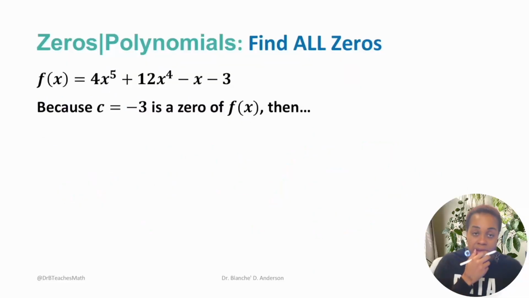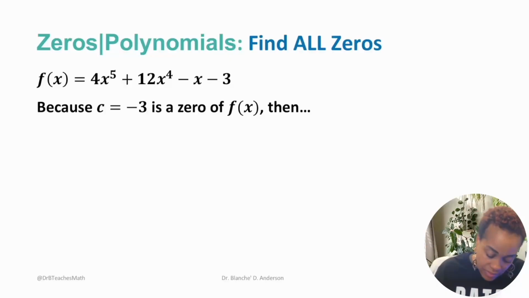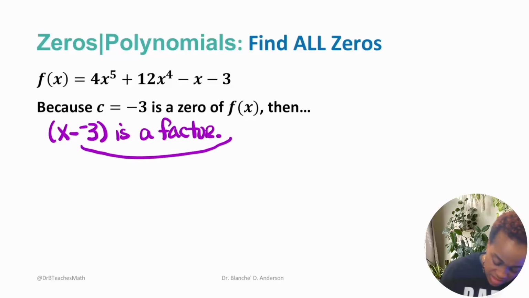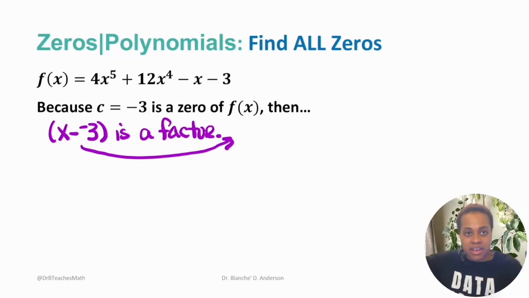So because C equals -3 is a 0, that means that x minus C is a factor. But if I were to rewrite this, you don't want x minus a negative.